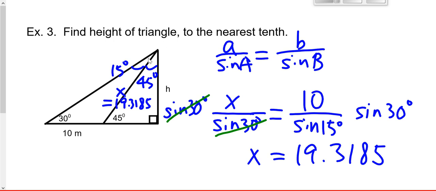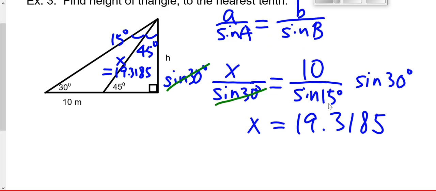So now you know this side, and you're trying to find this side. This is a right angle triangle, and the angle we are looking at is 45 degrees here. So this is opposite, and this is the hypotenuse, so we should be using sine. Now we are looking at this triangle.